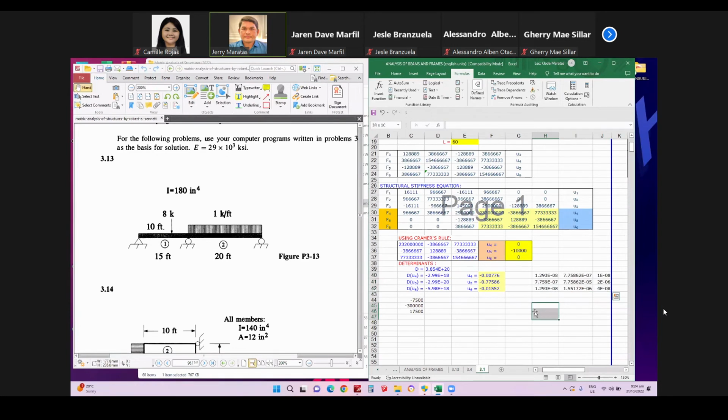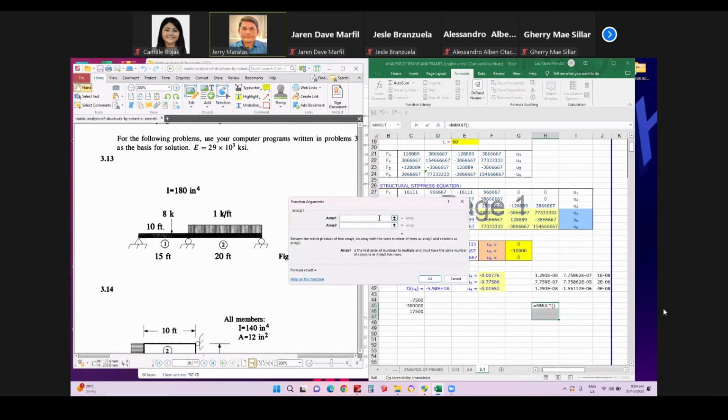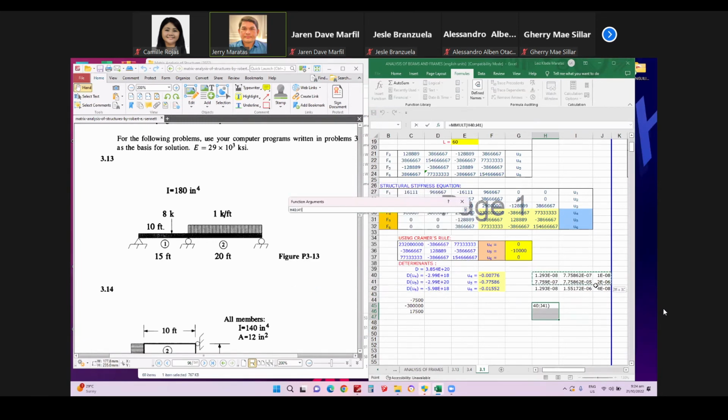Then after that, do the matrix multiplication: K inverse times the second array, the force. Then control shift enter, and you can compare the result. Alright?